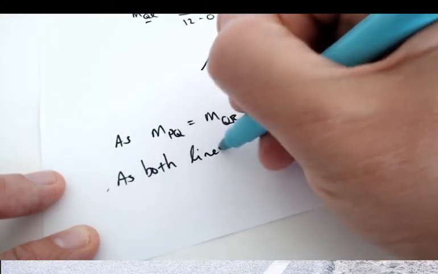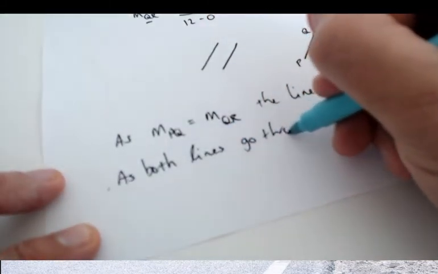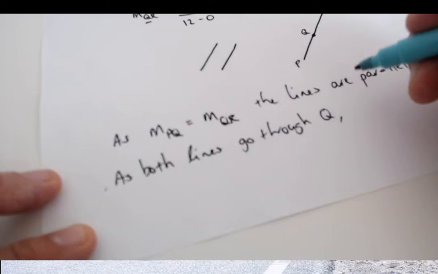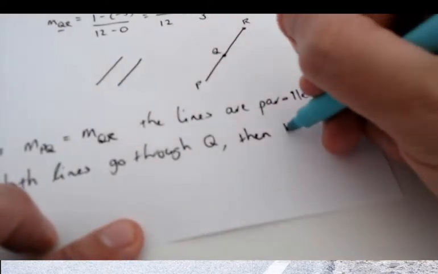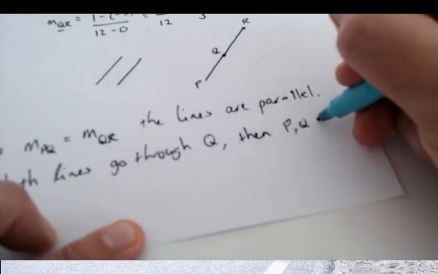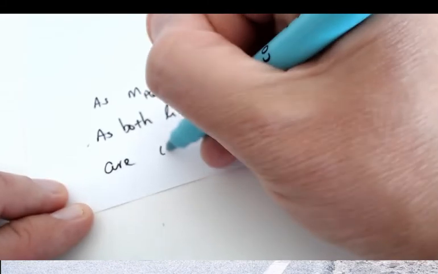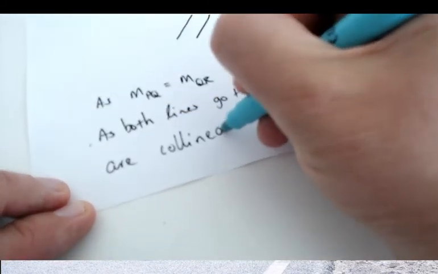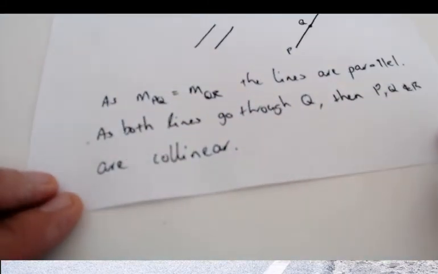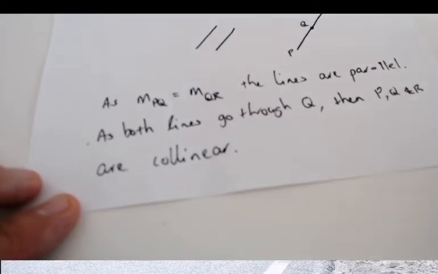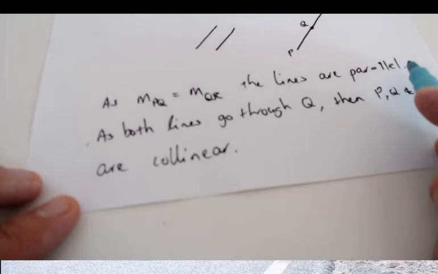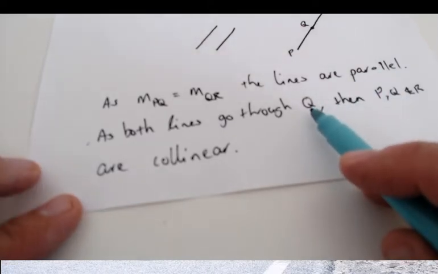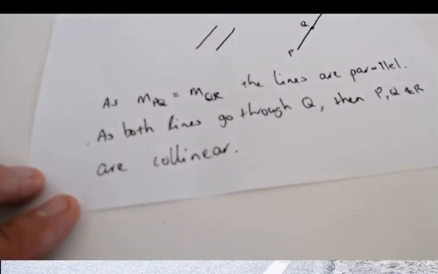As both lines go through Q, then P, Q and R are collinear. We need all that information in our answer. So we find out the gradients are equal to each other, which means we have parallel lines, but because they also go through Q, it means that these points are collinear.